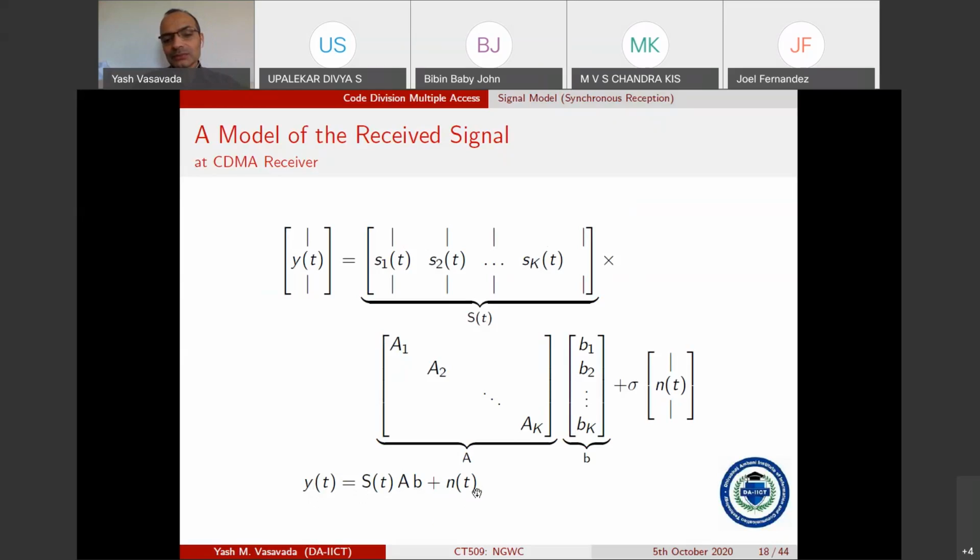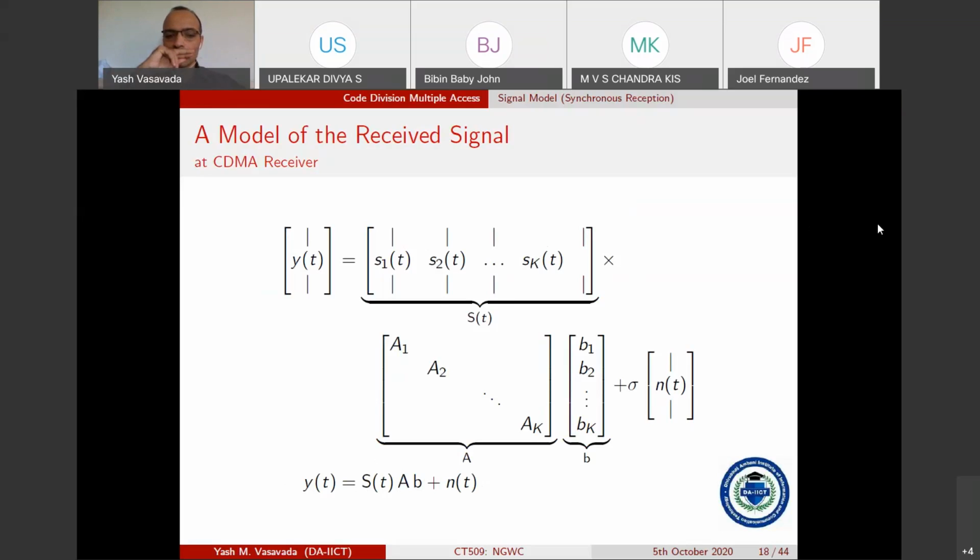How can you draw an analogy between this equation and the equation for beamforming that we have seen earlier? Okay, who has not spoken yet? Komal?